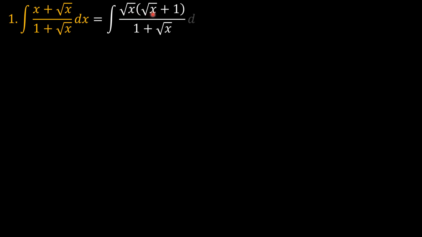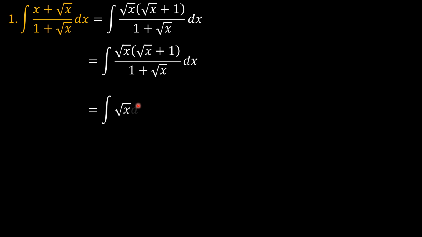So the interesting thing here one would do is to factor out the square root of x from the numerator. So you have square root of x times open bracket square root of x plus 1, and all of a sudden you see that the square root of x plus 1 is the same as what we have in the denominator, and this cancels out gracefully, so that allows you now to just have the square root of x as what you'd want to integrate.